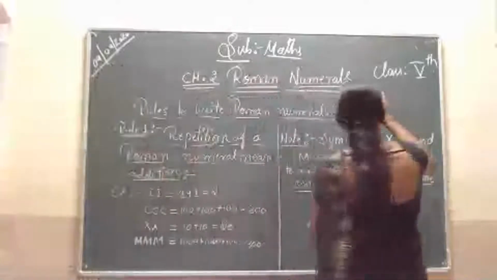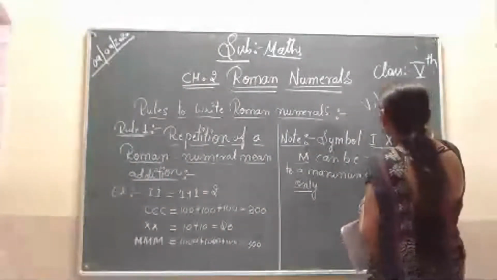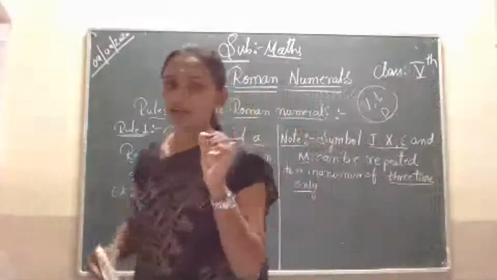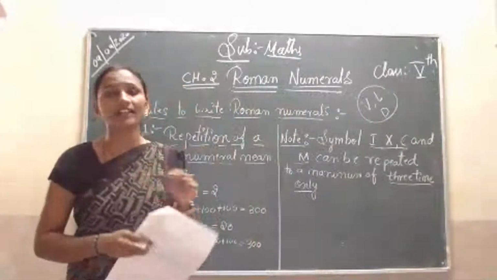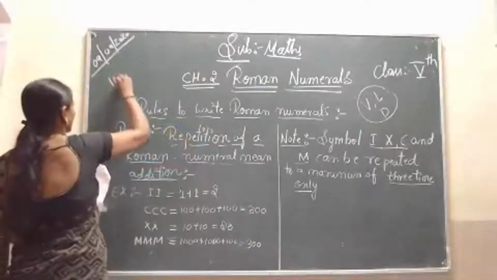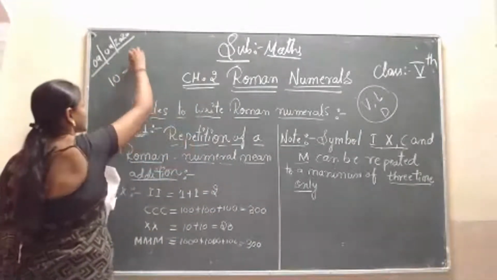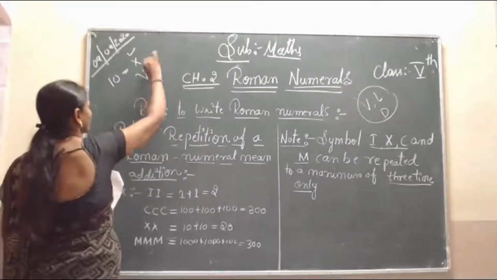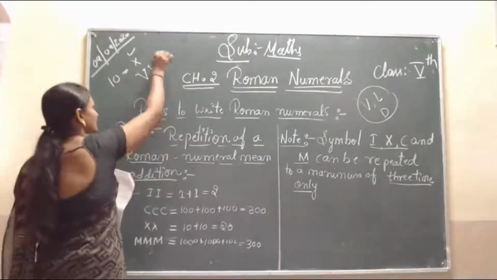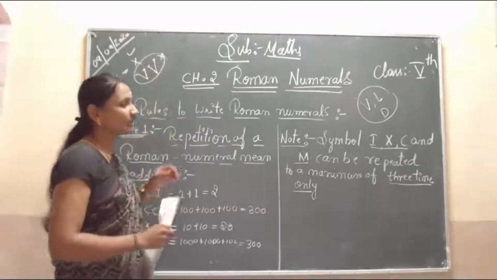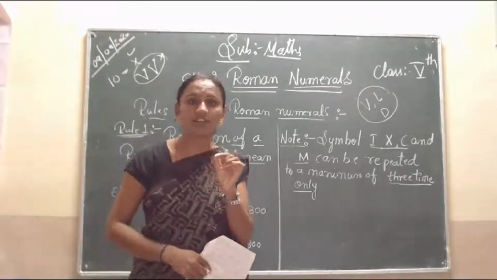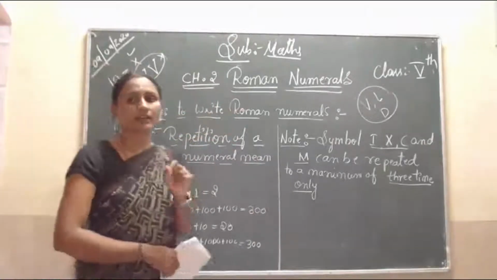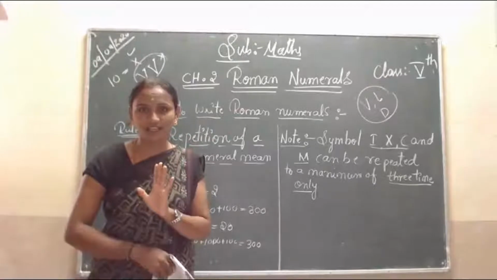Because 5 means V, but 10 you write as X, which is correct. If you wrote V two times, that would be wrong. So the symbols V, L and D are never repeated, only 1 time you put them, okay.